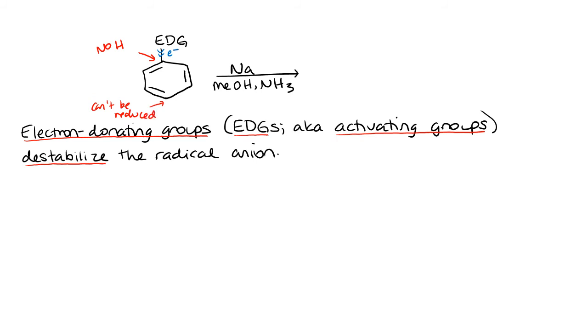So that means the other carbons in the molecule will have to be the ones undergoing the reduction. So one of the products we can get from this reaction is one where we have H's on carbons that are not connected to the electron donating group. You could also draw it this way.